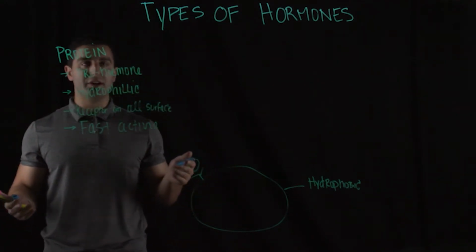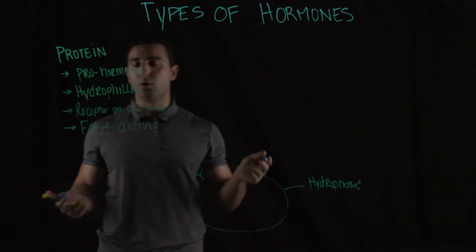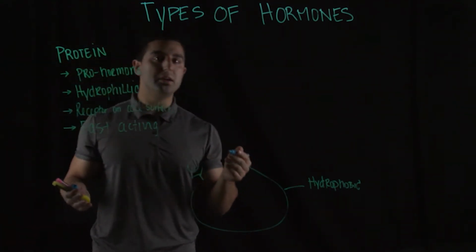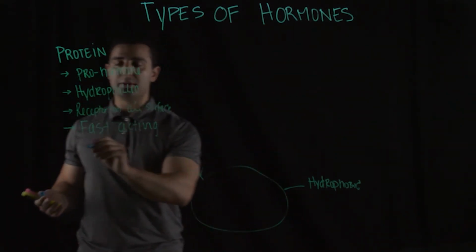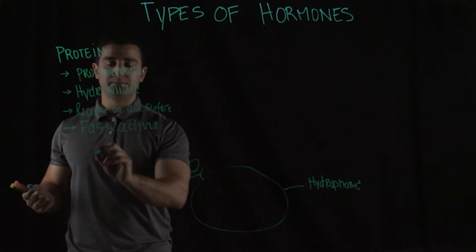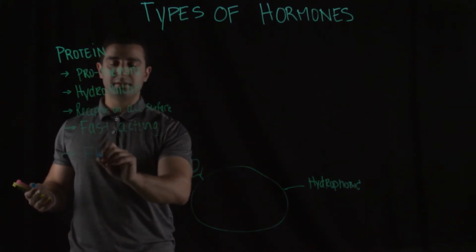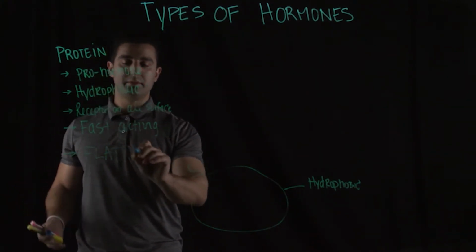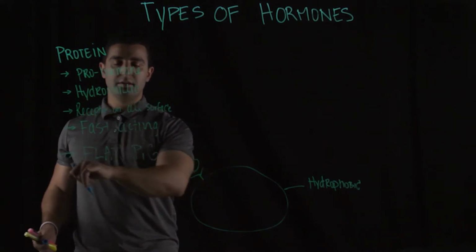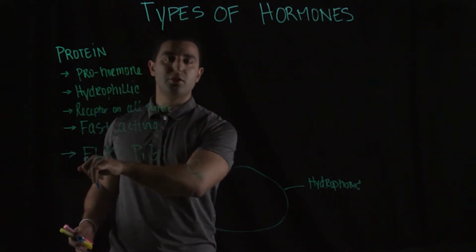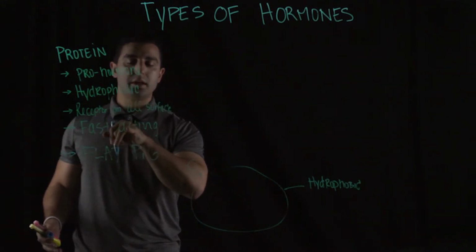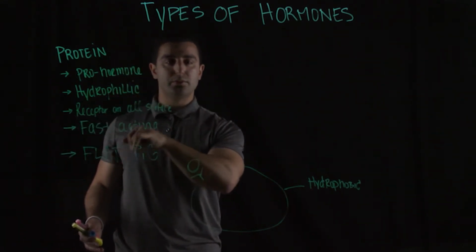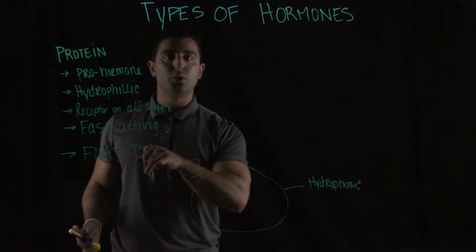So, some examples of the types of proteins that are hormones: all of the hormones in your pituitary gland. If you remember from what we were talking about before, the flat pig example. Follicle-stimulating hormone, luteinizing hormone, adrenocorticotropic hormone, thyroid-stimulating hormone, prolactin, growth hormone.